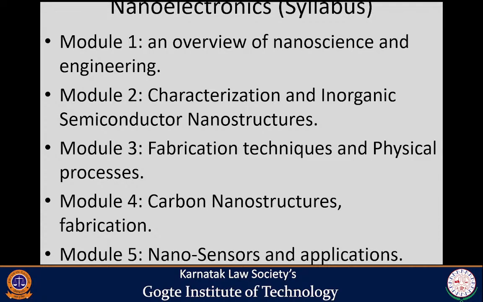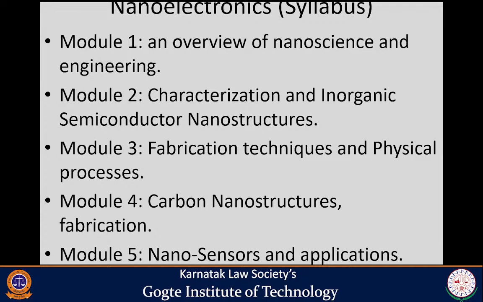For the inorganic semiconductor nanostructures, we will first have an overview of semiconductor physics, and then discuss quantum wells, quantum wires, and superlattice along with the electron density of states. In all, Unit 1 and Unit 2 require a brief overview of the physics and chemistry that you might have studied in the first semester of engineering.